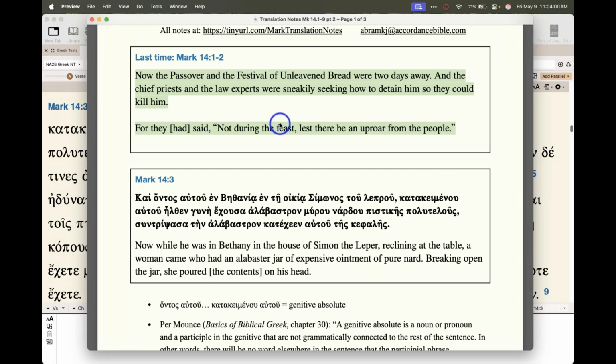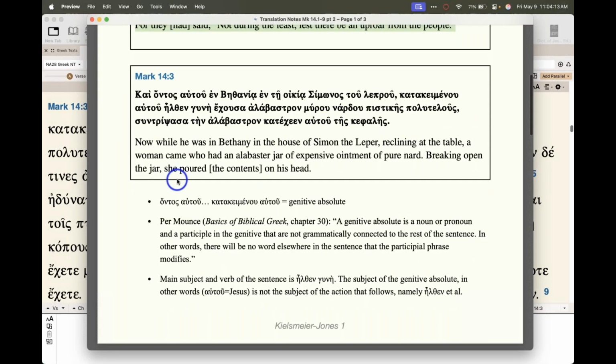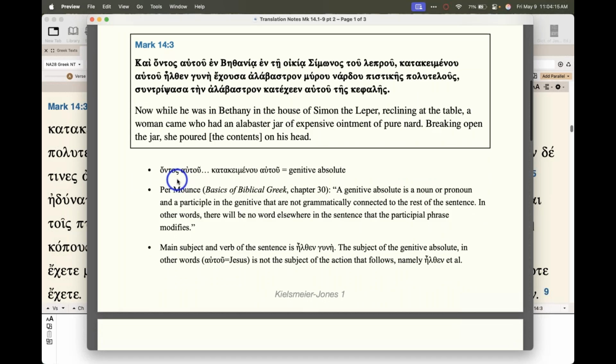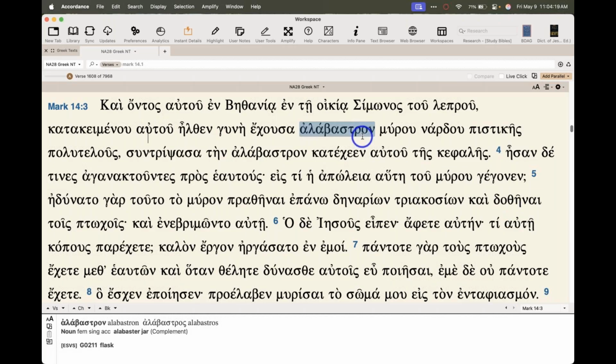Although there is going to be, at the end of this section, Jesus is going to make a pretty clear allusion to the fact that he is not always going to be with people. So that will come up. But we otherwise shift to a new scene, and that starts in verse 3. So I've got this in the handout. Let me shift over to Accordance here, and we'll read it through.